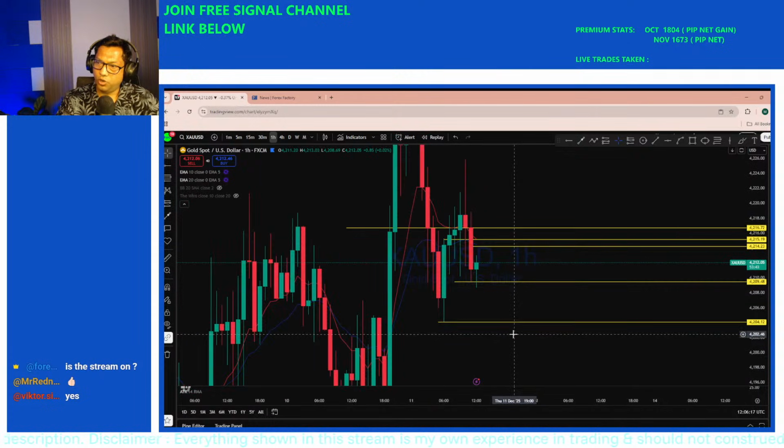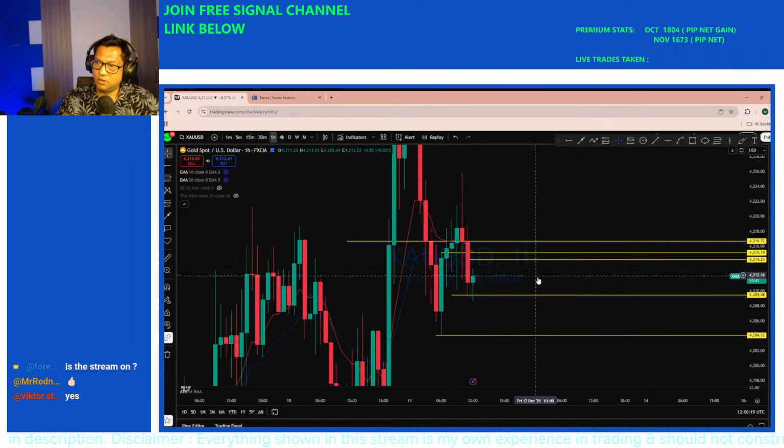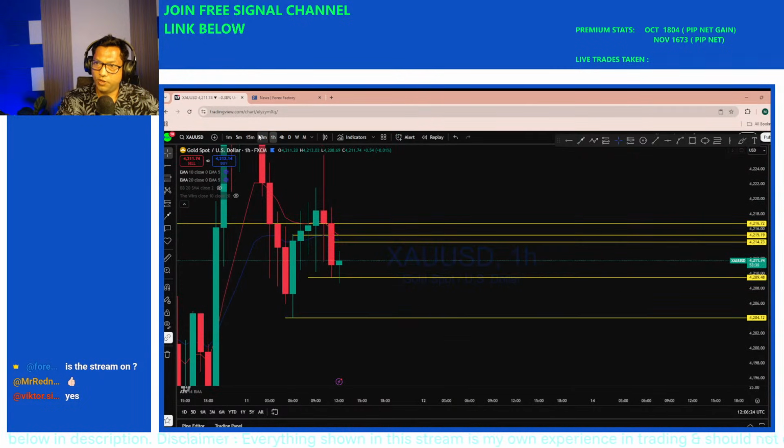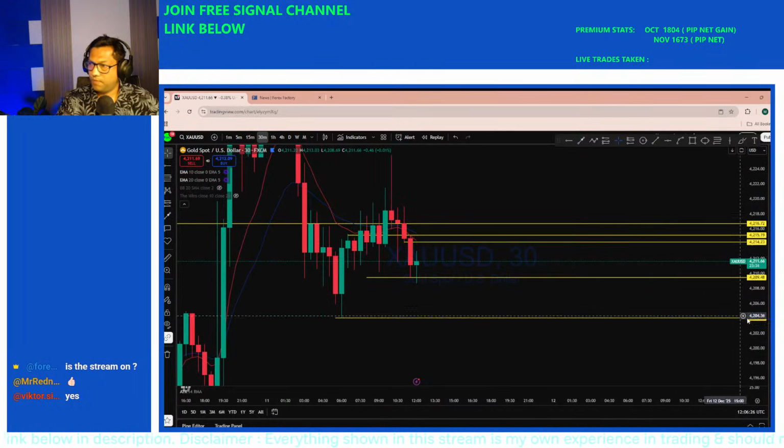So far it's showing a downward trend, and we can look for a further bearish move in this market.